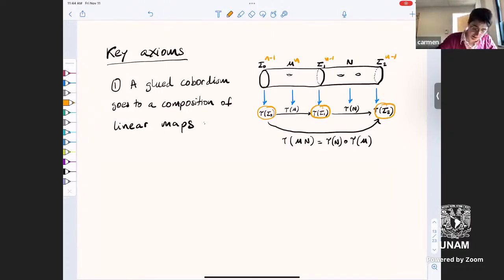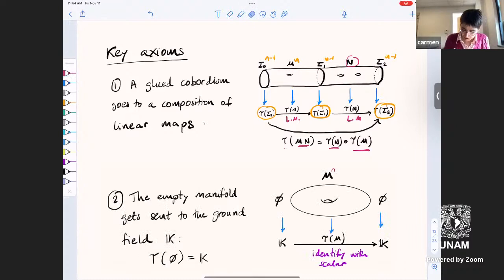The first chunk of the cobordism gives me a linear map, and the second chunk gives me another linear map, and then of course I can compose those. But what I really need is that the functor applied to the glued cobordism, m glued to n, has to give me the composite of the two linear maps. So that's one axiom from the TQFT.